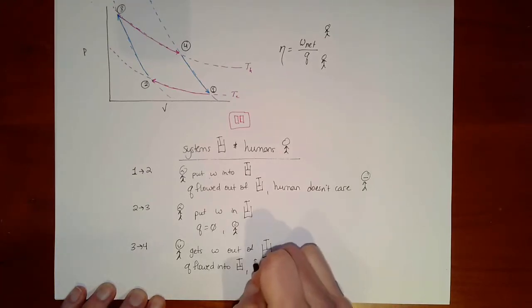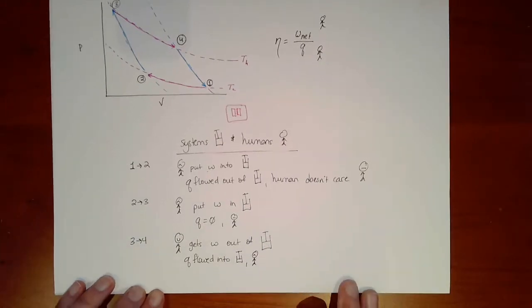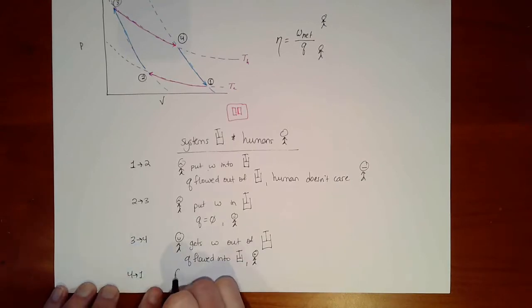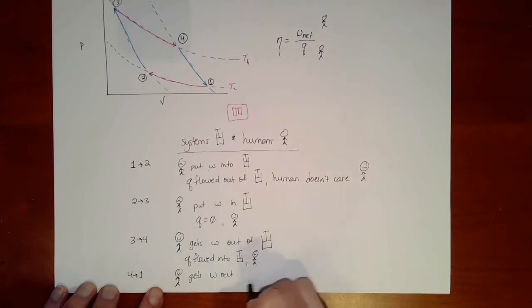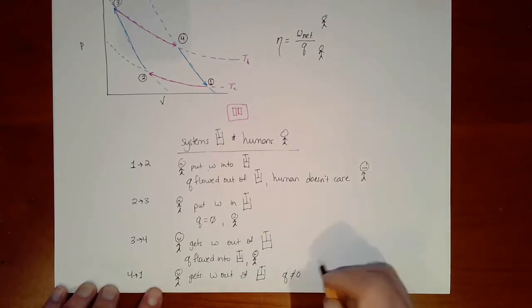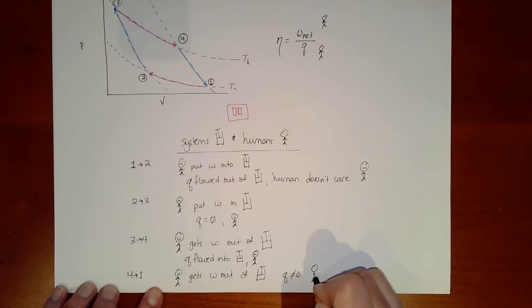So the human in this case is also a little sad because he's having to do work. For step 4 to 1, the human is still getting work out. And because Q is equal to 0, it's adiabatic, the human does not really care about the heat flow in that step.